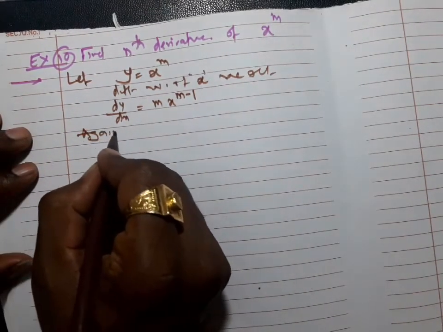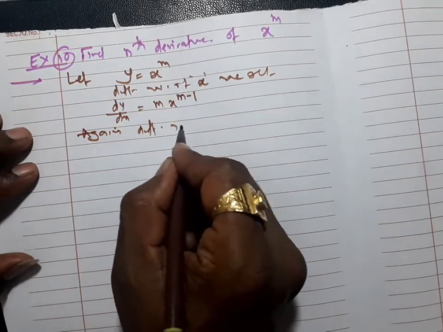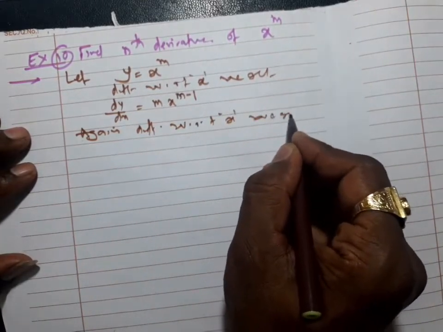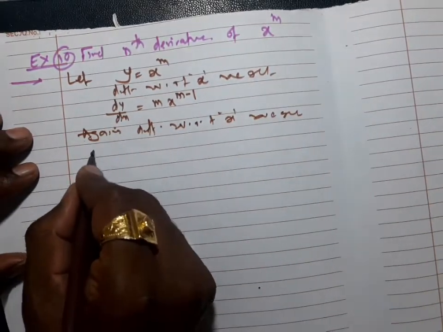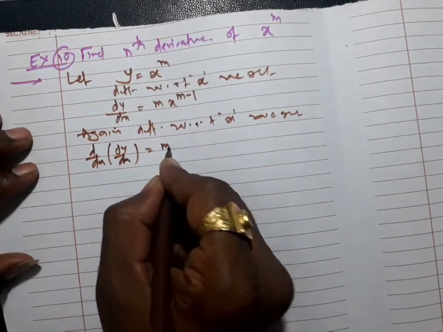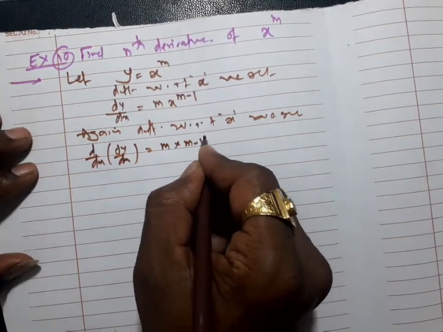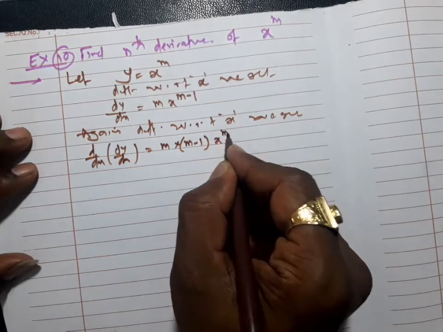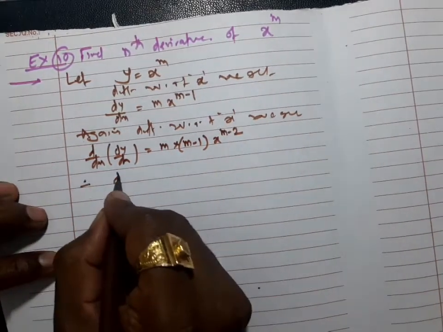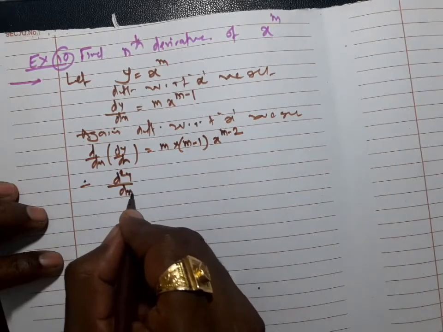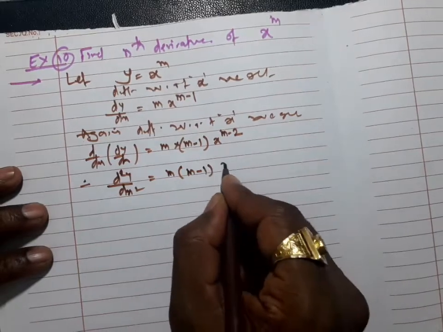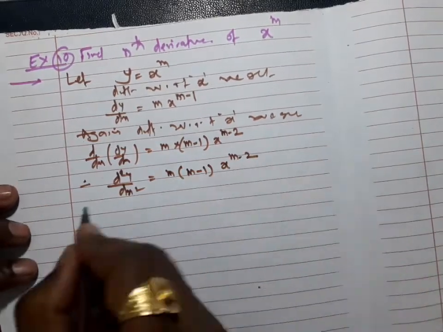Again differentiate with respect to x, we get d by dx of dy by dx, m is constant, it is m minus 1 x raised to m minus 2 according to the rule. So it is d2y by dx square, m into m minus 1 x raised to m minus 2.